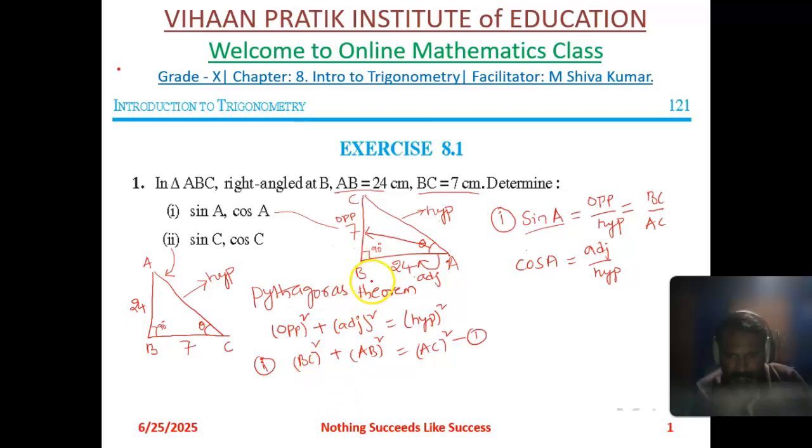So we'll simply substitute the value of BC. BC is 7 centimeters. So 7 square plus AB, which is 24, square equals AC square.